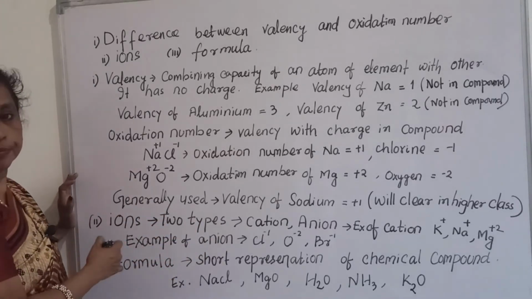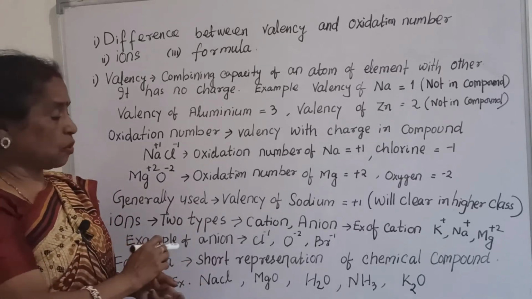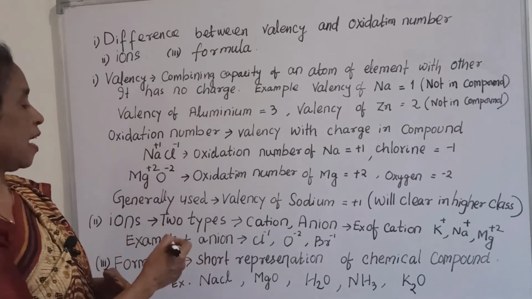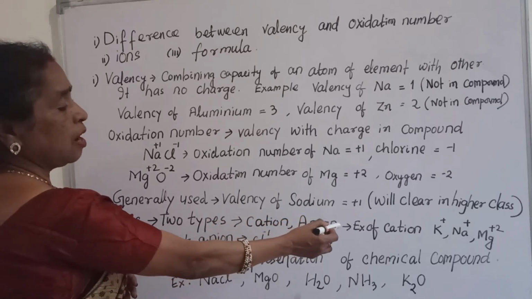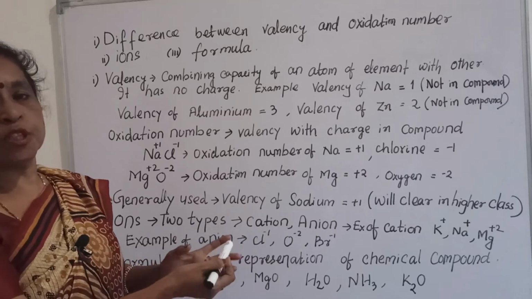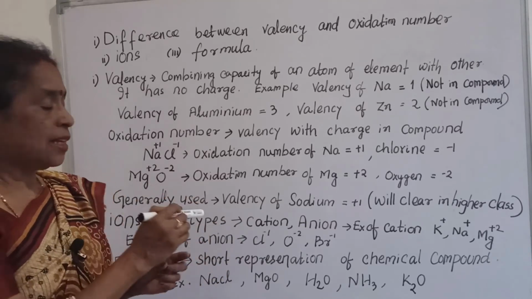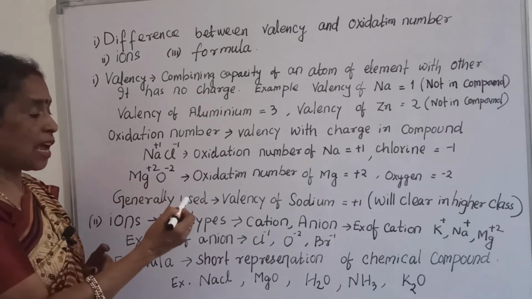What is an ion? Ion means having charge. There are two types of ions, one is cation, the other is anion. Examples of cation: K plus, Na plus, Mg +2, barium +2, aluminium +3. These are known as cations. What is a cation?